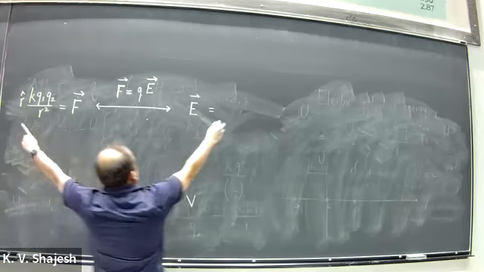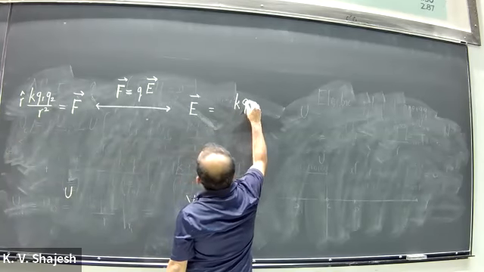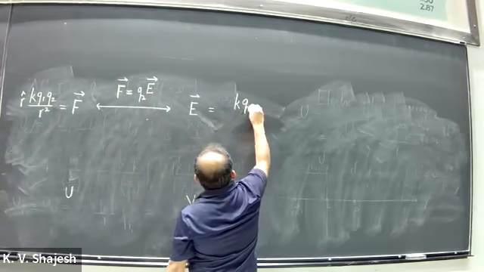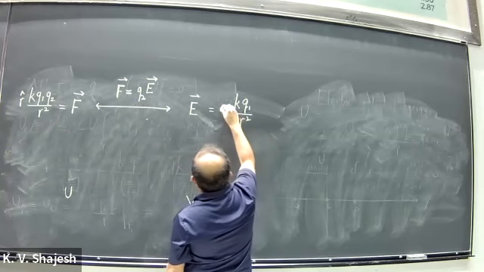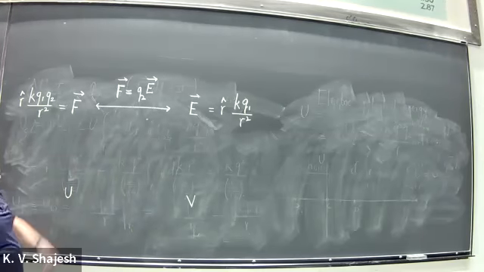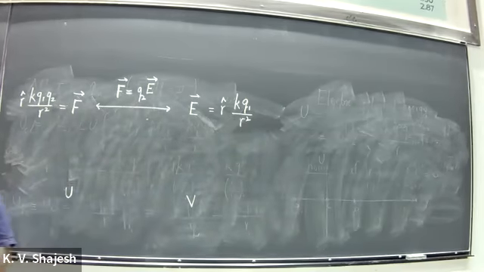And these two are connected. So this is kQ1, and let's say this is Q2, over R squared, and R hat. You remove a charge Q2 and you're left with the electric field.